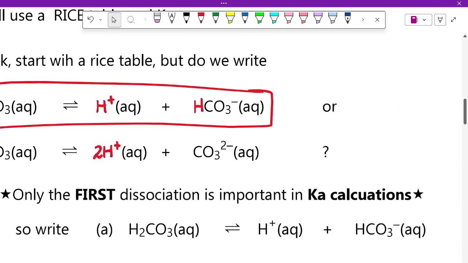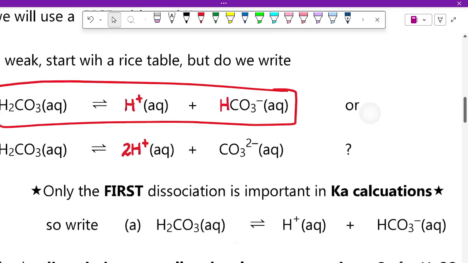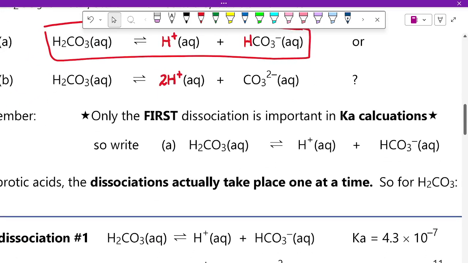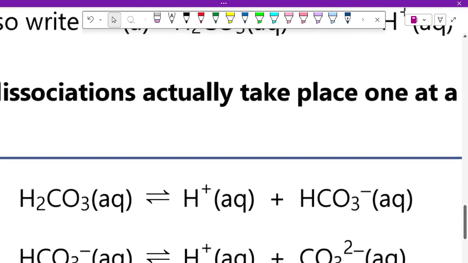So remember, only the first dissociation is important in Ka calculations. In diprotic acids, the dissociations take place one at a time. So dissociation number 1 is what we just wrote, right? We have the H2CO3 becoming HCO3 minus.